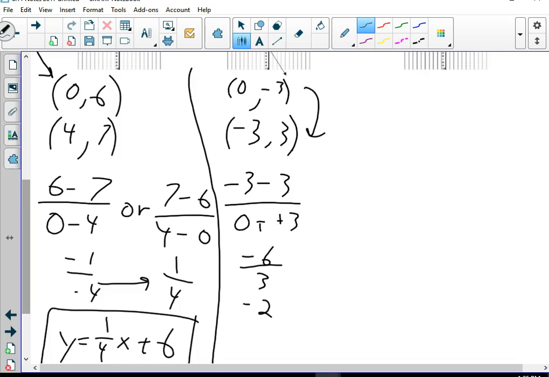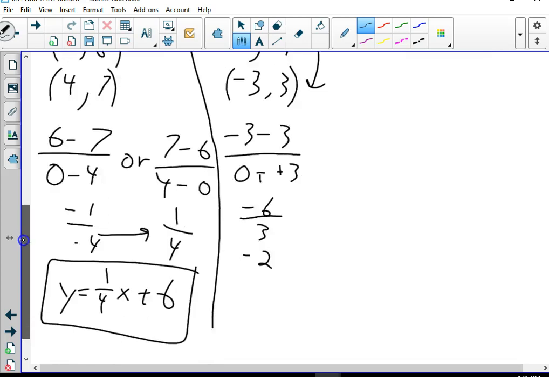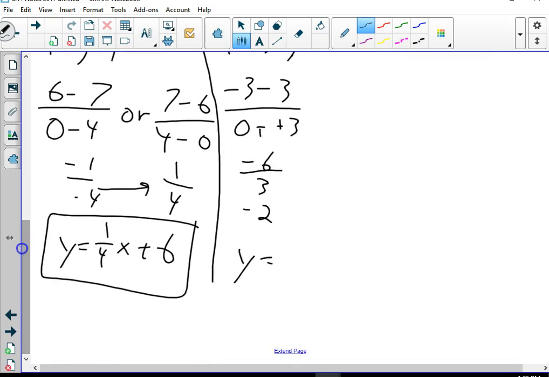So that's the slope. The slope is -2. My y-intercept is right there at (0, -3). So my line is -2x minus 3. Slope, y-intercept.